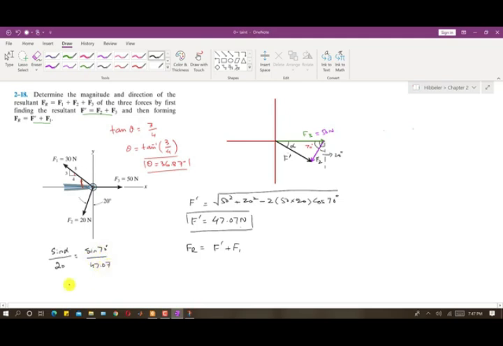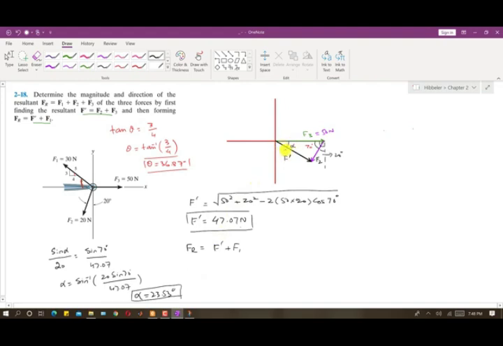So alpha equals sine inverse of 20 sine of 70 degrees divided by 47.07. So this will give us that alpha angle, the F dash angle with the horizontal, right? So let me find this. Alpha comes out to be 23.53 degrees, right? So this angle is 23.53 degrees.